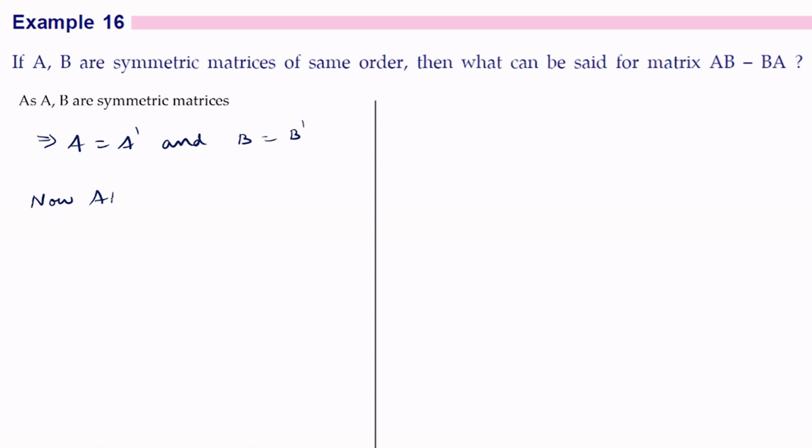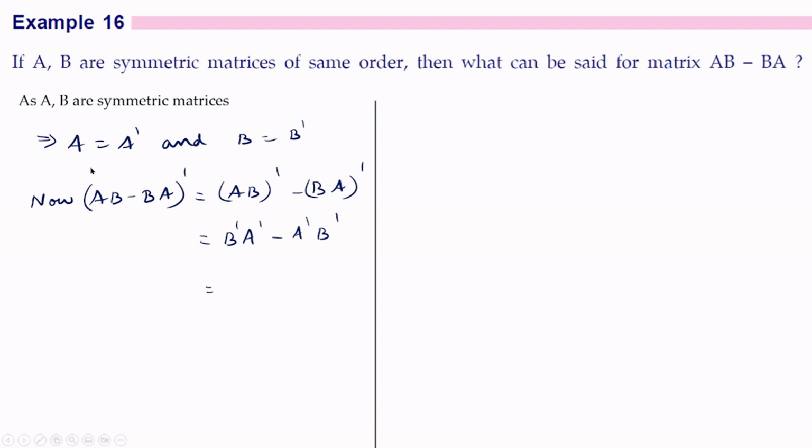Now AB minus BA the whole transpose will be AB the whole transpose minus BA the whole transpose. So AB the whole transpose, by the properties of the transpose of a matrix, is equal to B transpose A transpose, minus, and BA the whole transpose will be A transpose B transpose.